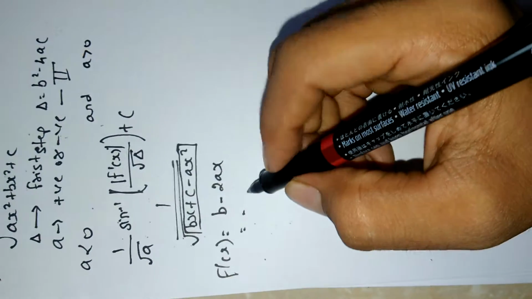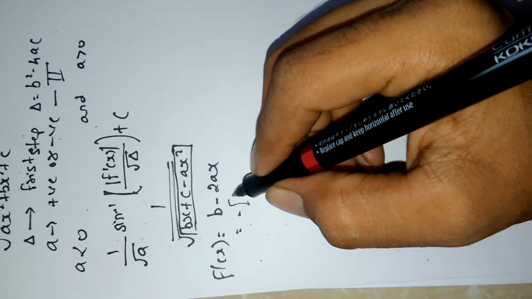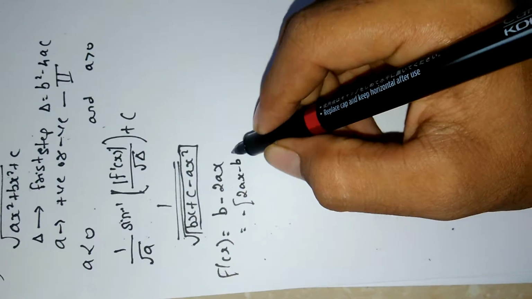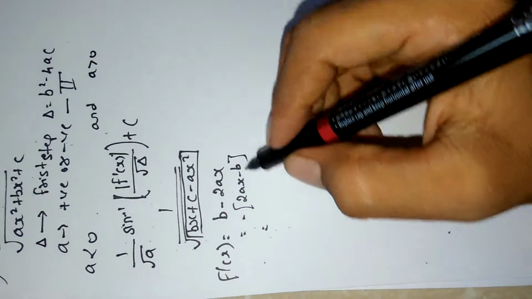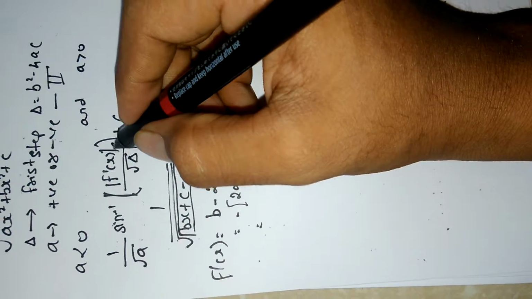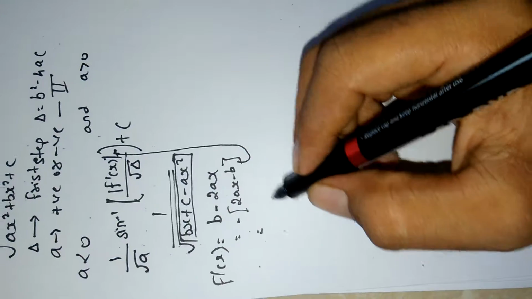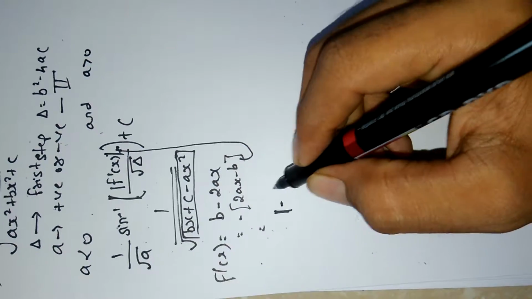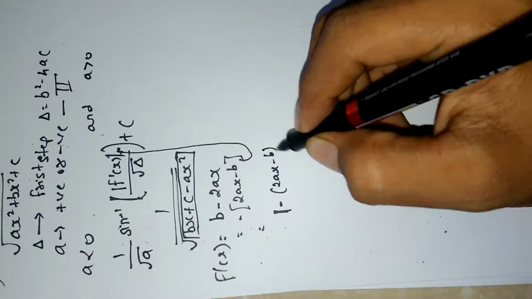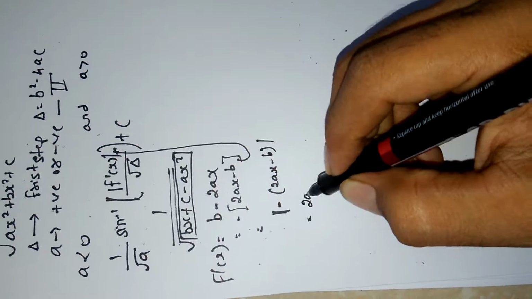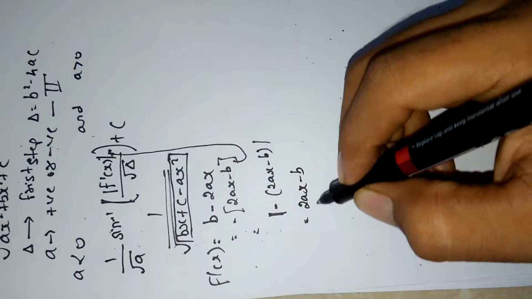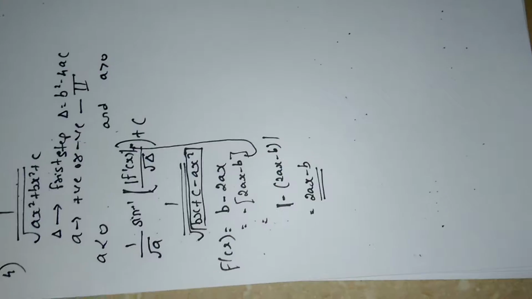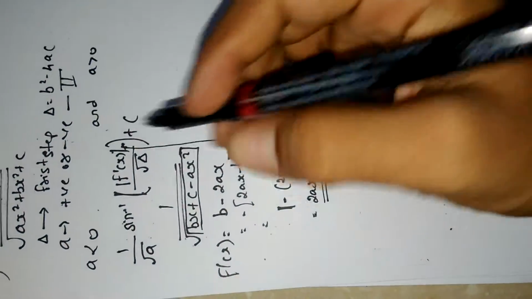Taking the minus sign common, 2ax minus b, and now put the value in this. So mod of minus (2ax minus b) would be 2ax minus b, and this would be your f dash of x when the value of a is less than 0.